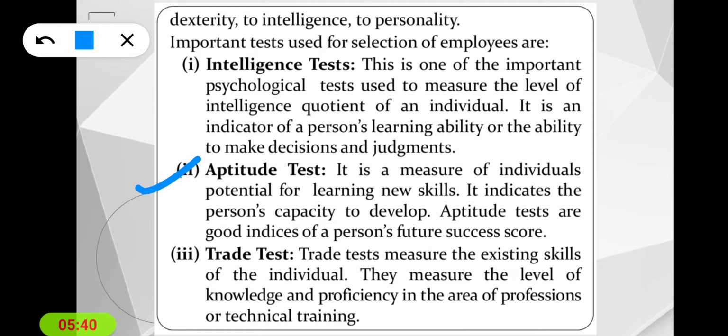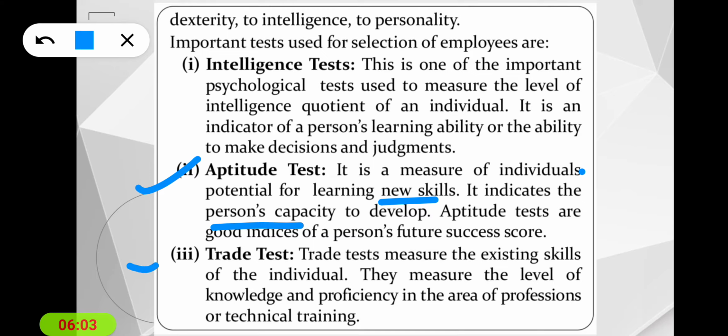IQ tests are one kind of aptitude test. So, it is a measure of individuals' potential for learning new skills. It indicates the person's capacity to develop.